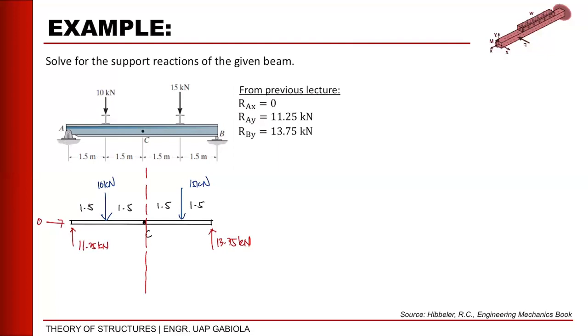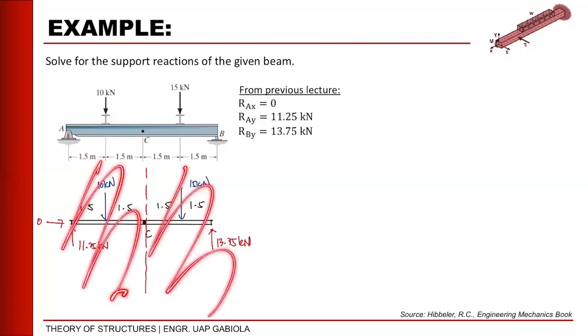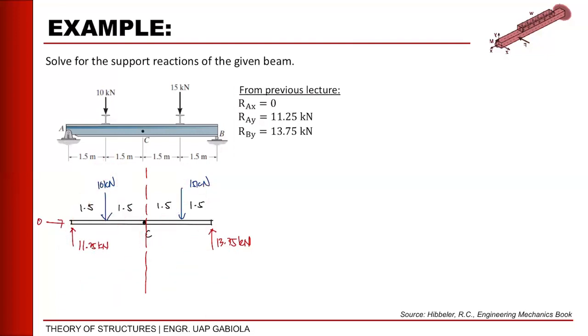Ngayon, consider natin ang both left and right side. Okay? So, for the left side, ito yung left ng portion natin, ito yung right. So left side muna tayo. Okay, so ang gagawin nyo lang, i-drawing nyo lang yung left side. I-isolate nyo yung left side.